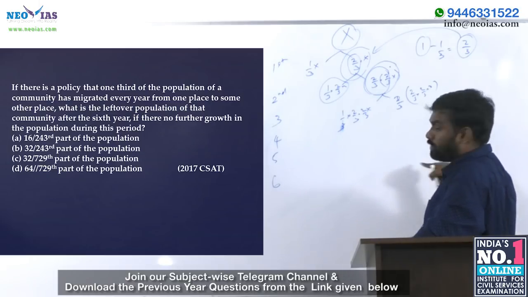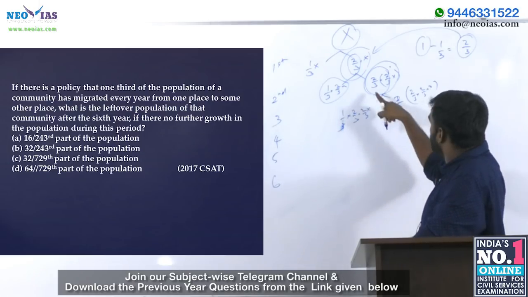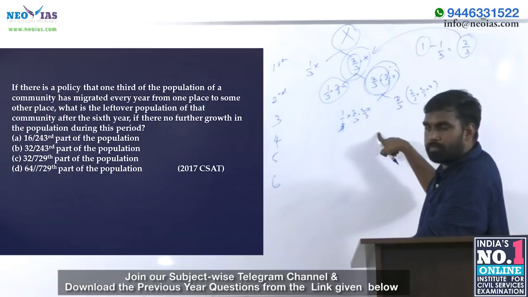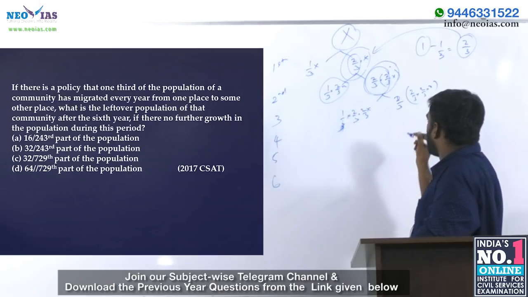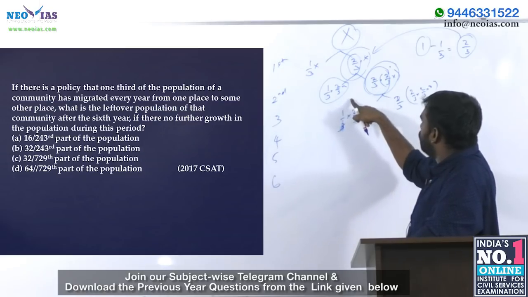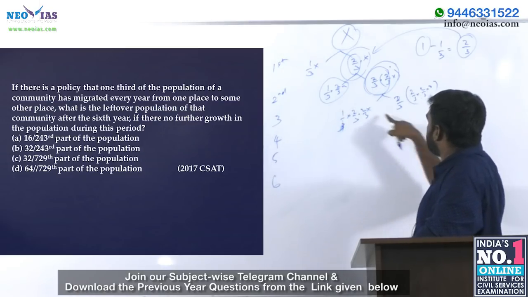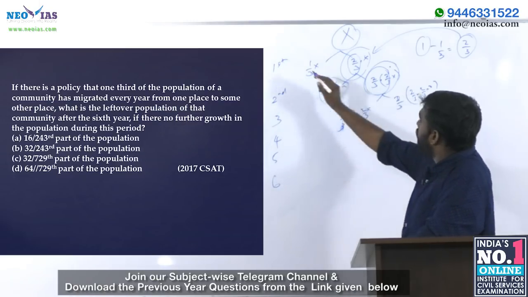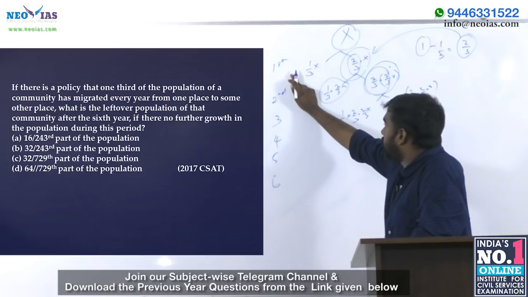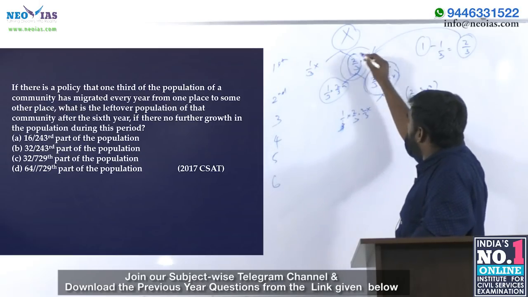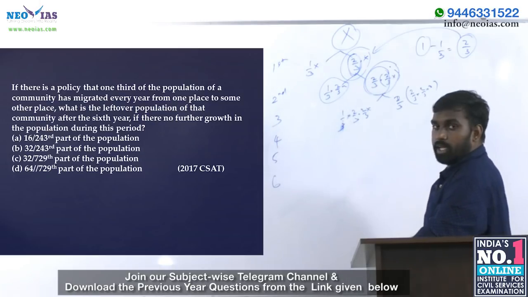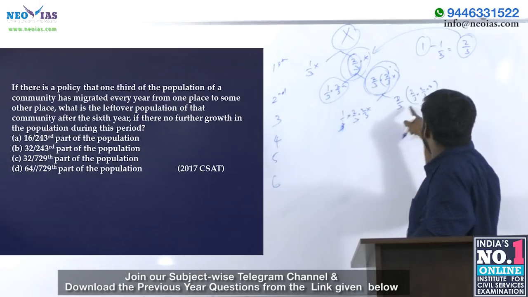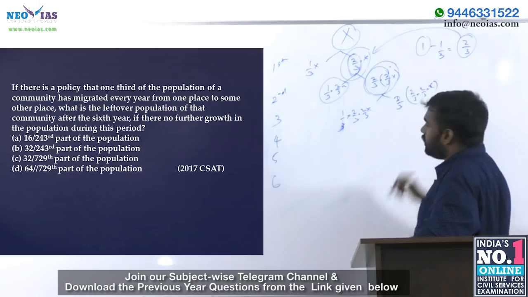Likewise, if we go on calculating, it will be a time consuming problem, and we need to write all these things, so it will not be a spacious problem. So what we note from this information is that if in the first year 1 2/3 is remaining, in the second year 2 2/3s are remaining, in the third year 3 2/3s are remaining.